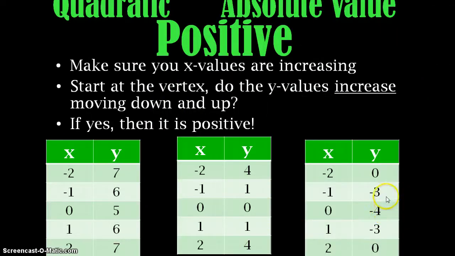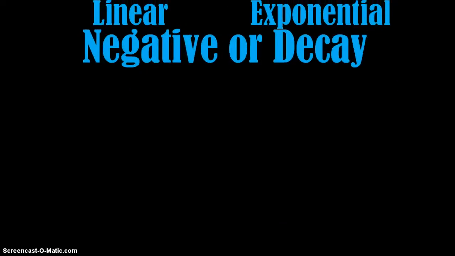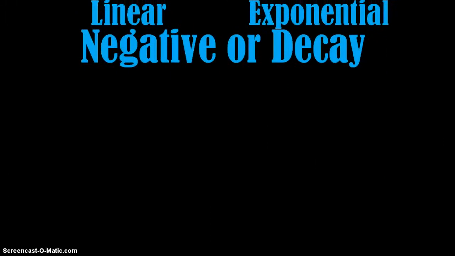If we go from -4, -3, 0, -4, -3, 0, then our y values are getting bigger, which means we have a positive. So the big thing to remember, positive, y values are getting bigger as long as the x values are increasing.